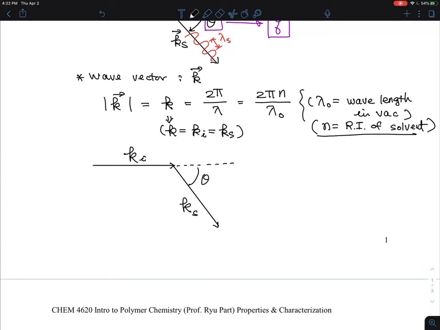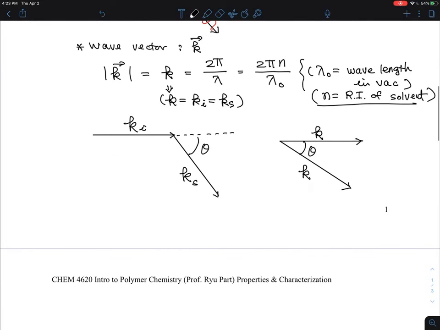For now, I'm differentiating, but I'm going to move this arrow to the other side. So now this arrow stays here, and this arrow goes like this. They have the same length of the light, and this length is essentially K. That length is the same as K. Let me just say that, and that's a theta. Okay.